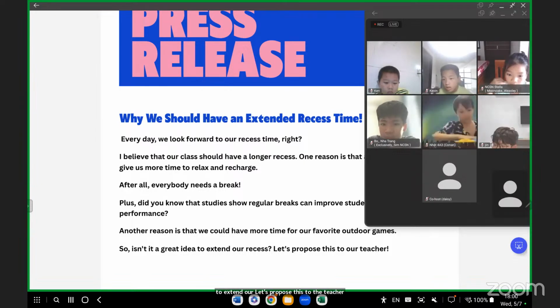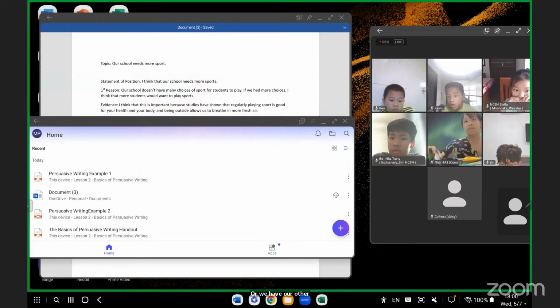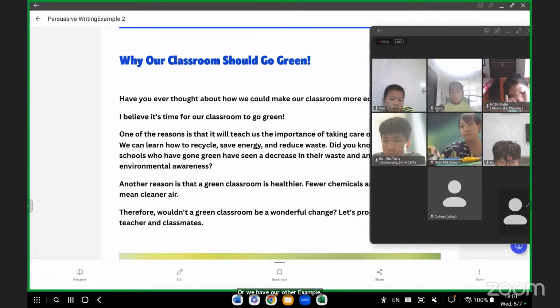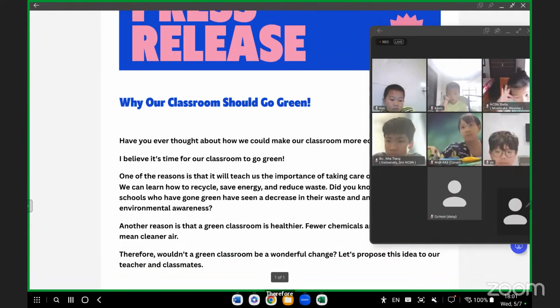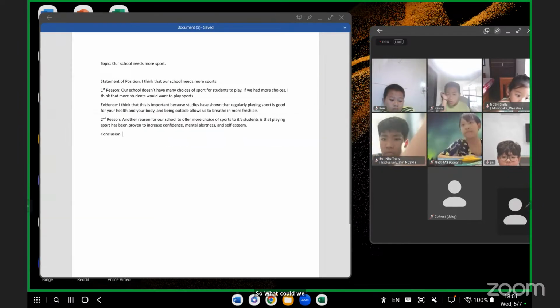Or we have our other example. Therefore, wouldn't a green classroom be a wonderful change? Let's propose this idea to our teacher and classmates. So, what could we write for our conclusion?